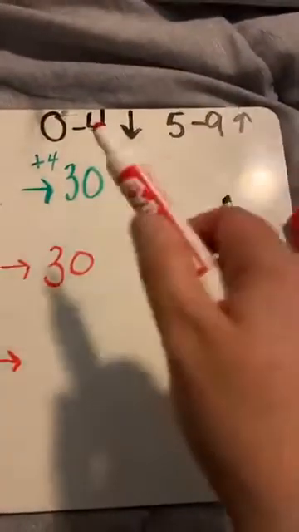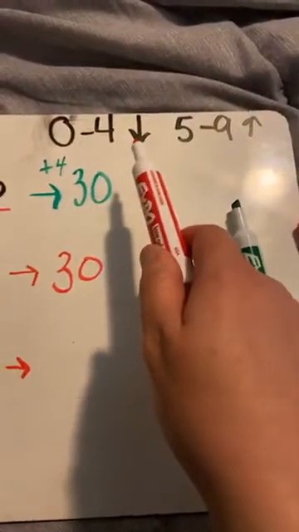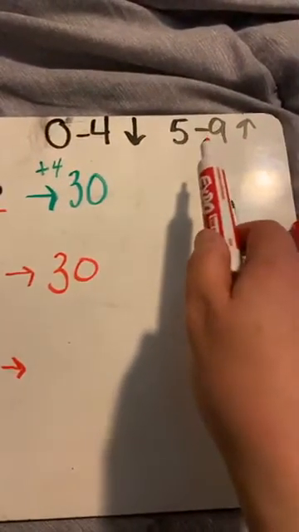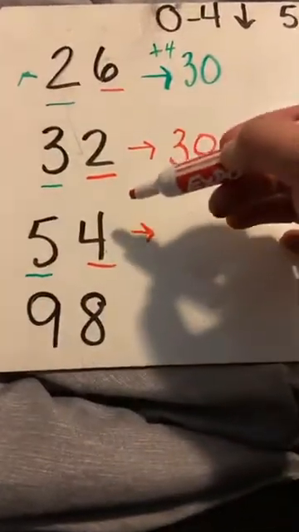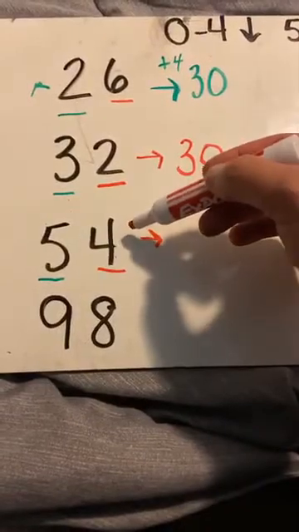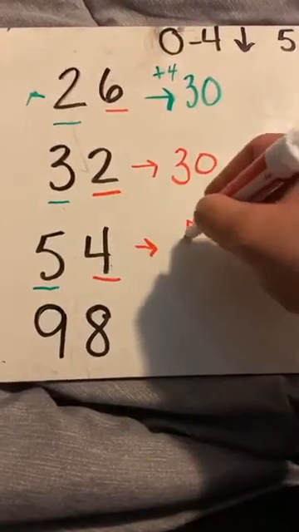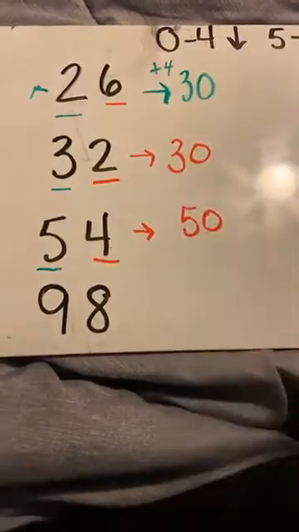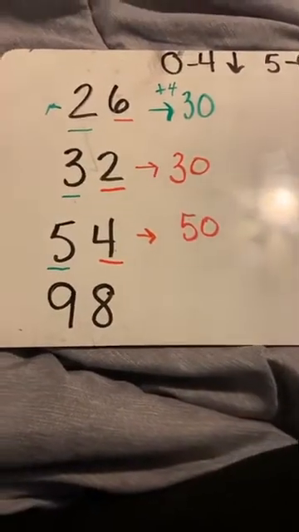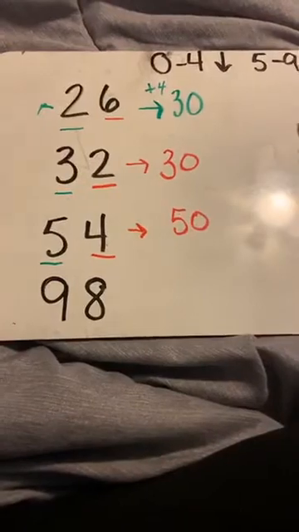Well, you try it. There's my patterns. There's my hints. 0 to 4, I go down. 5 through 9, I go up. So let's see, 54. I know that that is a 4, and I know 4, I go down. So I'm going to make it a 50. Did you get what I had? Did you get 50? You rounded that down to 50.